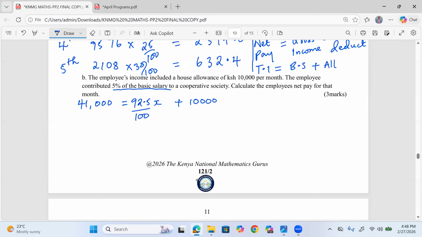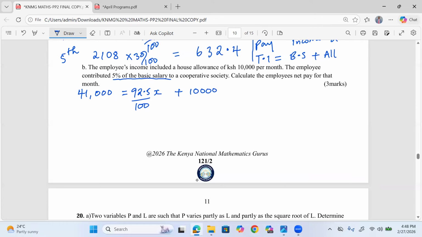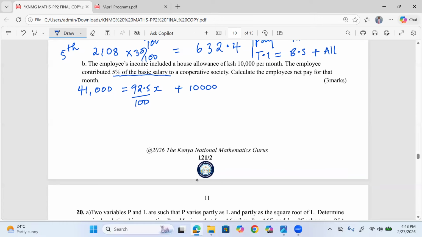So from this, we can get the value of the basic salary. It is not 100% of the basic salary which is taxed. There is 7.5% that goes to the pension scheme. So 92.5% of the basic salary is what becomes taxable income, then plus any allowance, and we have the allowance.